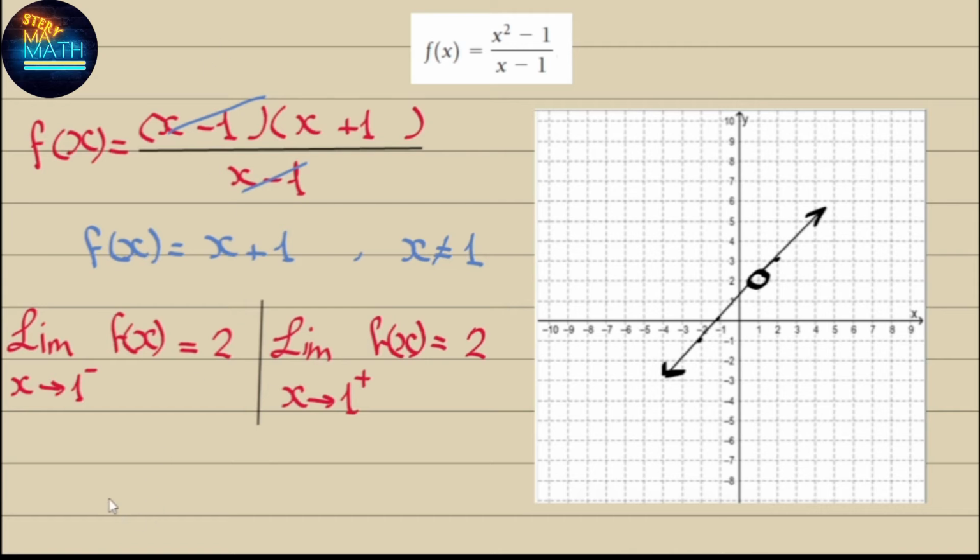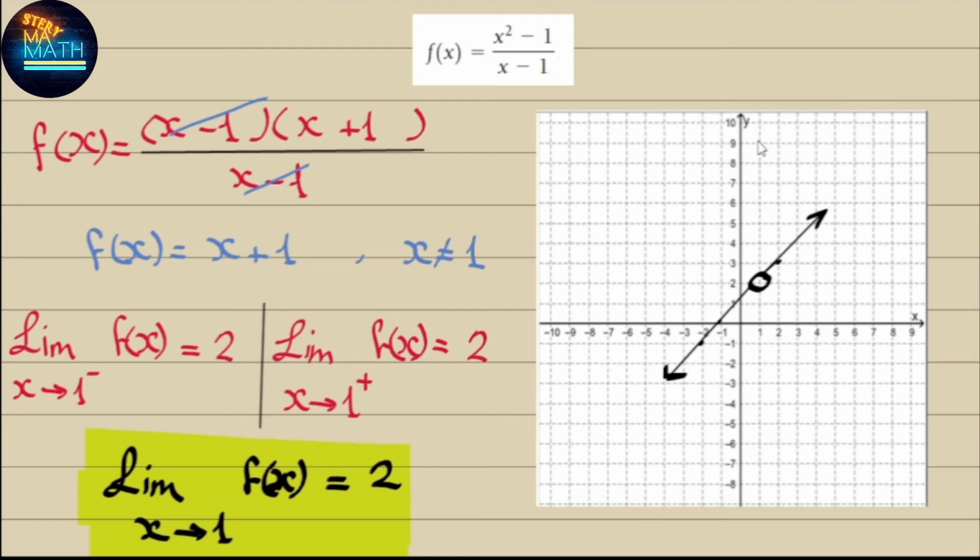And they are the same. From the right and from the left, they are the same. So the limit as x approaches 1 of f(x) is equal to 2. And it's the same answer, if you remember, from the graph or from the table. They should be the same answer.